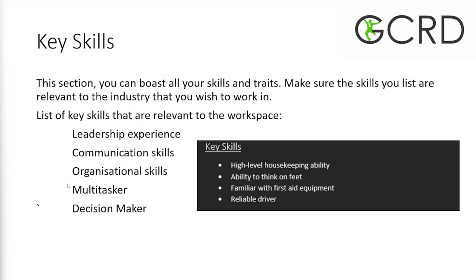This section can be open to whatever you want to write. Make sure you write down stuff that isn't too cliche. For example, saying, "Oh, I'm a hard worker." Well, the thing is, most people applying to jobs will say that they're hard workers because that's a given. So don't write cliche things in this section to bore the reader.